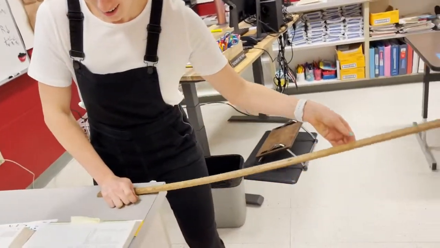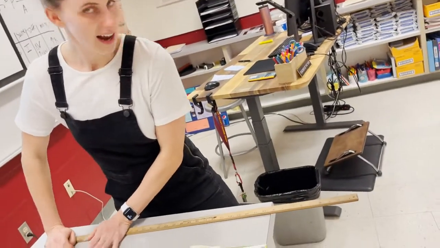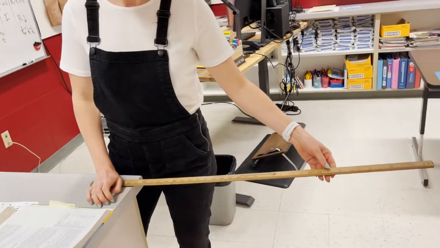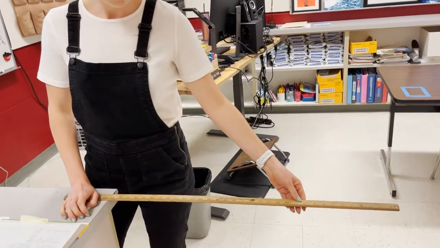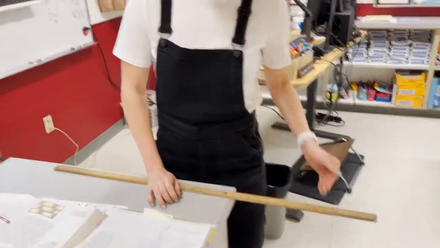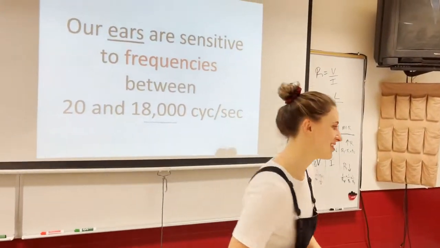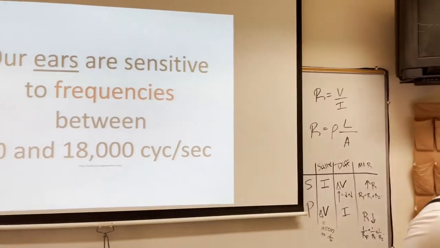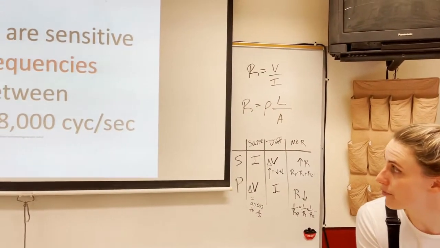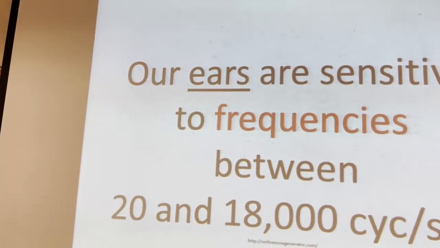I don't know if the camera will show it, but at the lower sound, it's moving slower, and as it gets shorter, it moves faster and faster. I wonder if you put it on slow motion, you can see that. Your ears can pick up on the differences in those frequencies. That's the range of frequencies that we can hear.